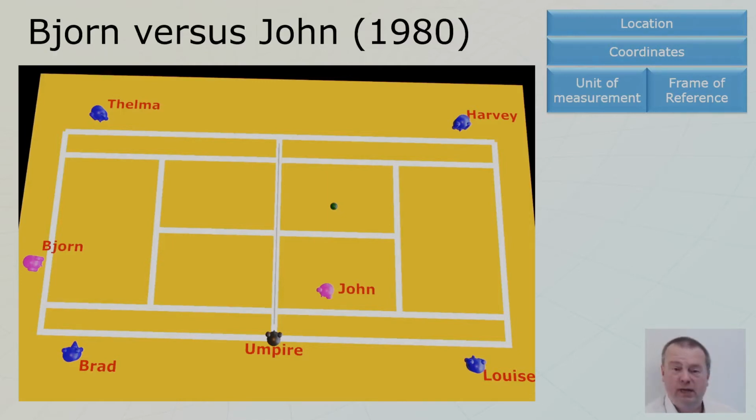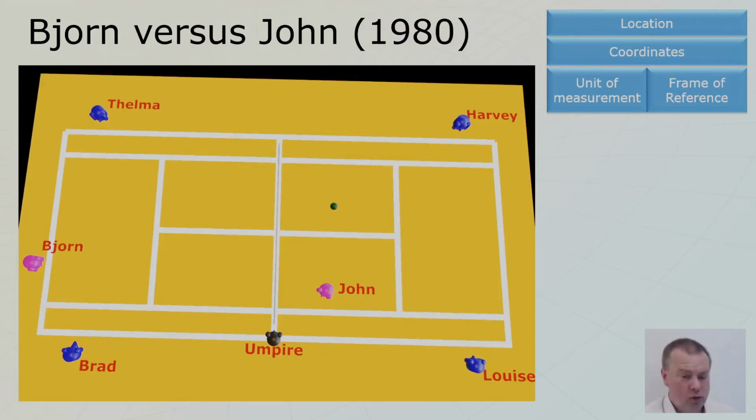And Bjorn is looking at it and waiting for the outcome. Now the ball needs to be picked up either by Thelma, Harvey, Brad or Louise. But there's an issue. They cannot see the ball because the sun is shining very brightly this day and they are kneeled down, so they do not have a clear view on the gravel. So I need to tell them the location of the ball using a headset, and then they will decide who's going to get the ball.